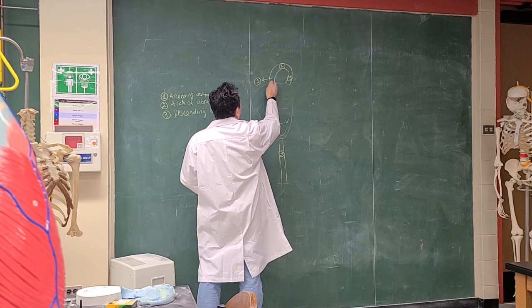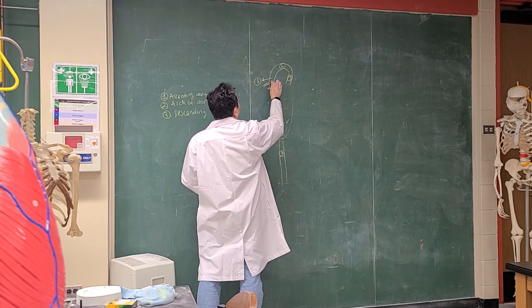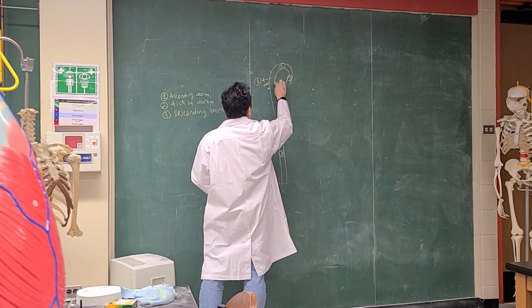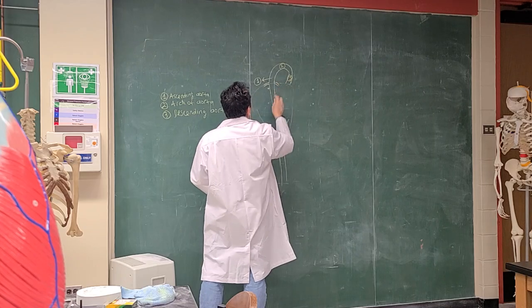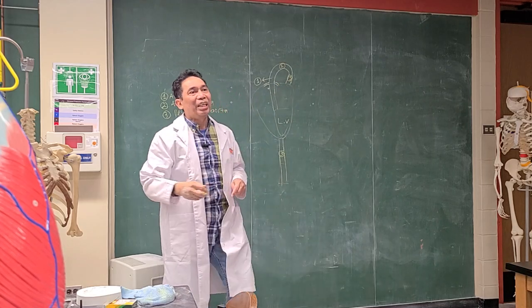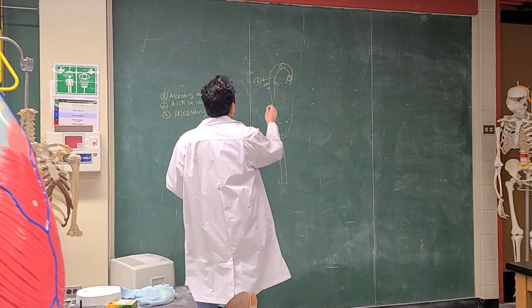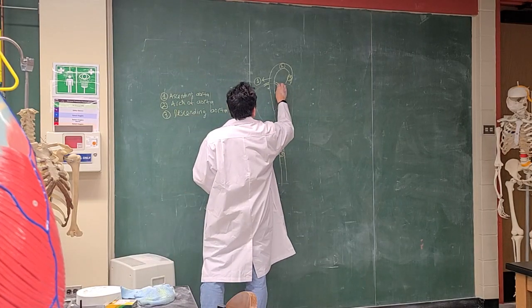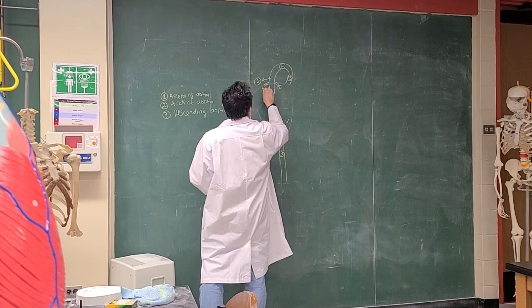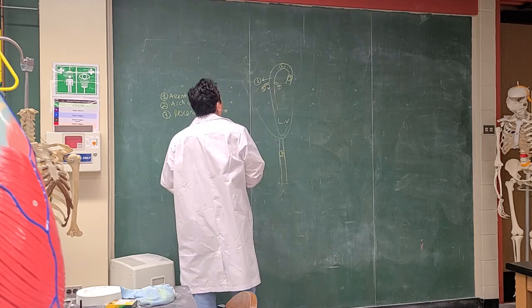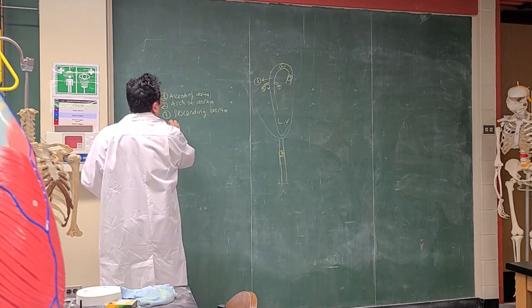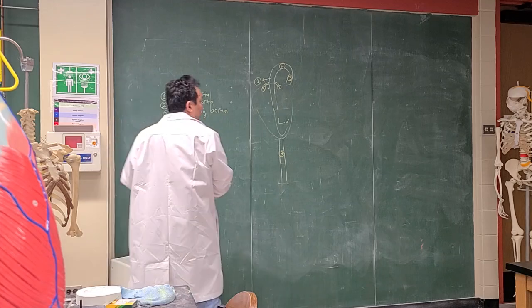Now, we start from the ascending. The ascending aorta will then branch into two arteries that will go to the heart, the muscle of the heart. I'm going to put number 5, okay, which is left and right. Oh, the number after 3 is 4.